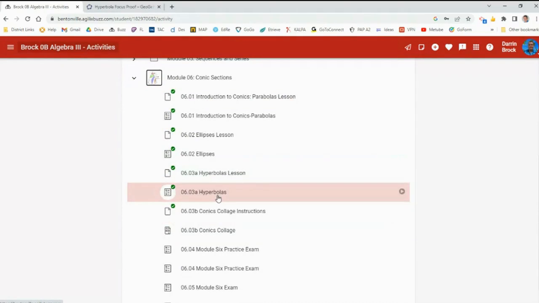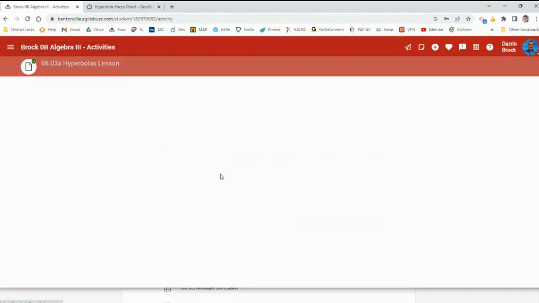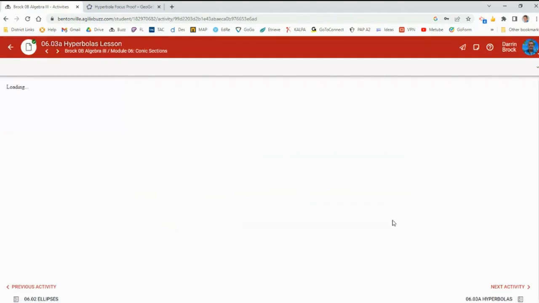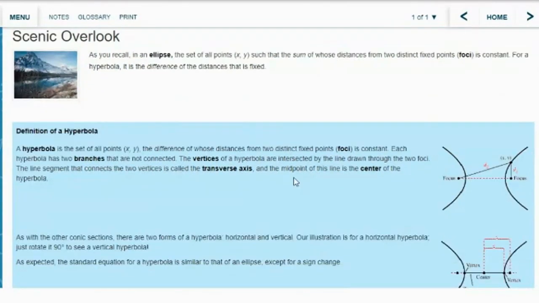There we go. Hyperbola's lesson right there, 6.03. Okay, this is continuing our conics. We looked at the parabola and we looked at the ellipse. Now we're going to look at hyperbola. So if you recall, when we looked at an ellipse last week, that's the set of all points x and y that the sum of the distances between the foci and a point on the ellipse is constant, right?